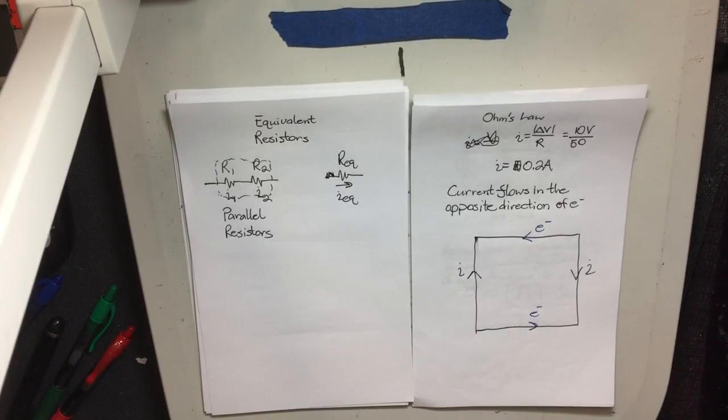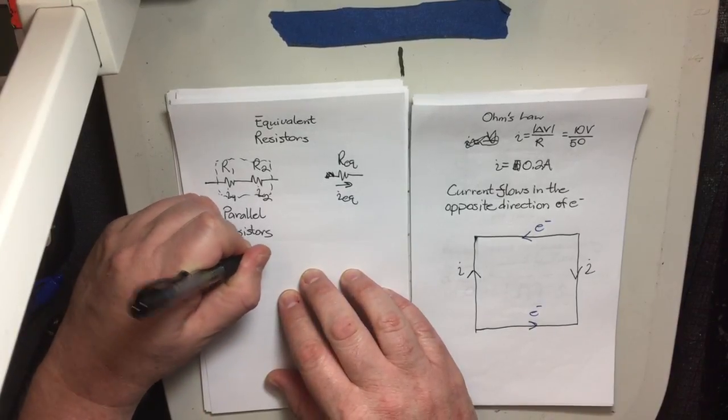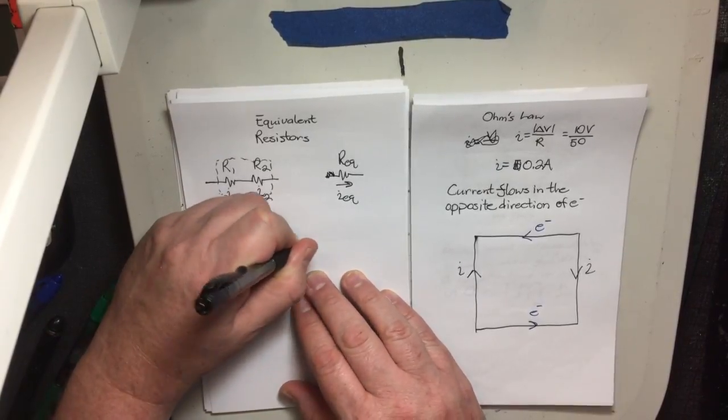So what do you know for a fact about these three currents? They're the same. Why? It never splits. If you've got 10 gallons per second going through the first resistor, you have to have 10 gallons per second flowing through the second, and 10 gallons per second flowing through the equivalent resistor. So I1 is equal to I2, which is equal to I equivalent.